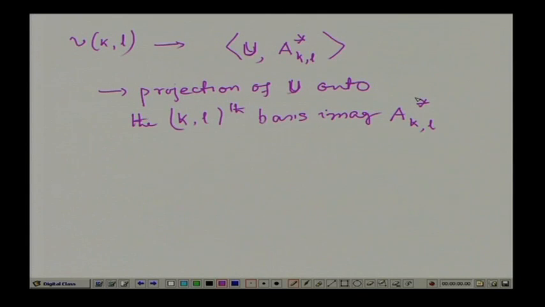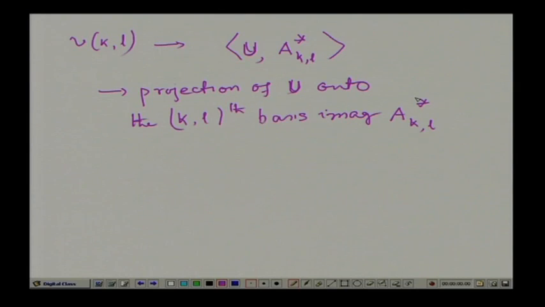And this also shows that any input image u of size capital N by capital N can be expanded using a complete set of n square basis images. So, that is the basic purpose of the image transformation.